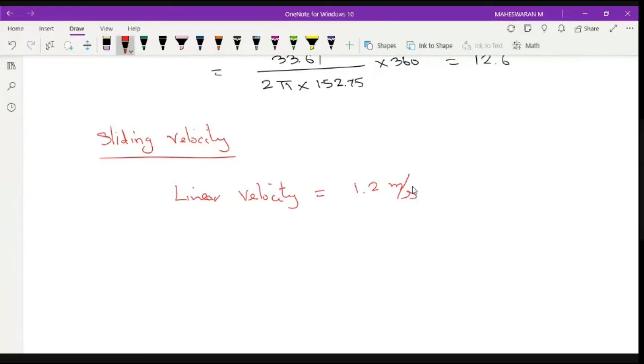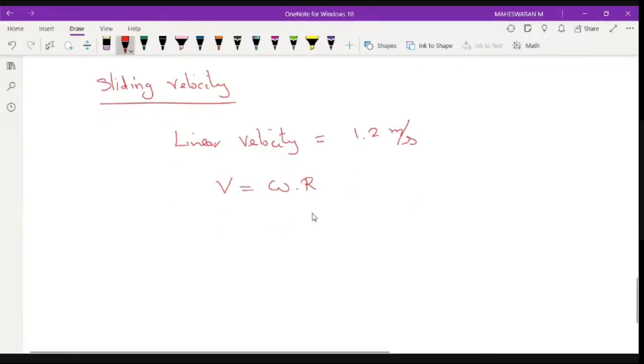Right? But we know that this linear velocity V is nothing but omega into R. It's a common formula. When you write it in terms of gear and pinion, it will change. So let me consider omega 1 as the pinion and omega 2 as the gear.